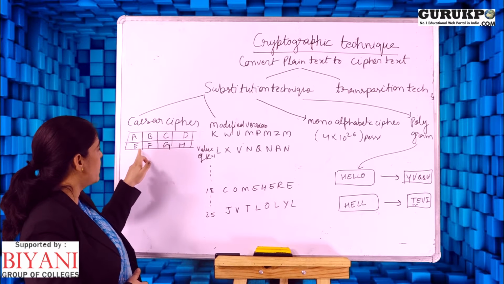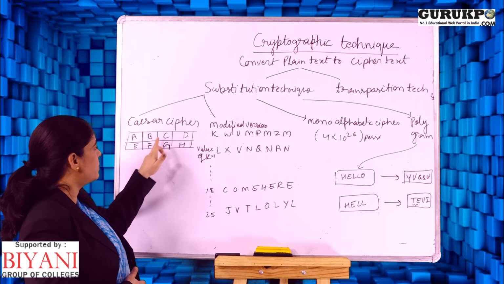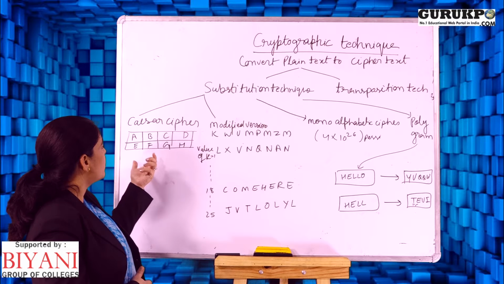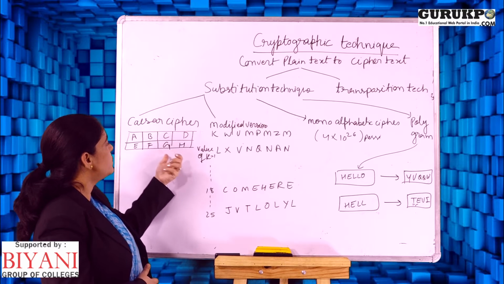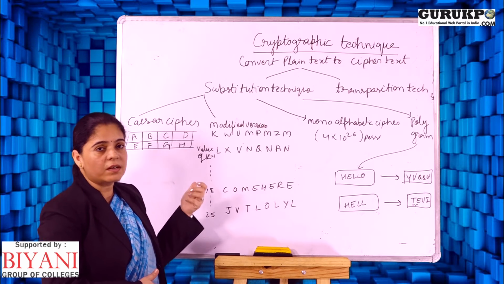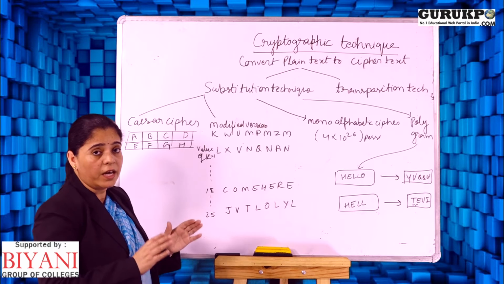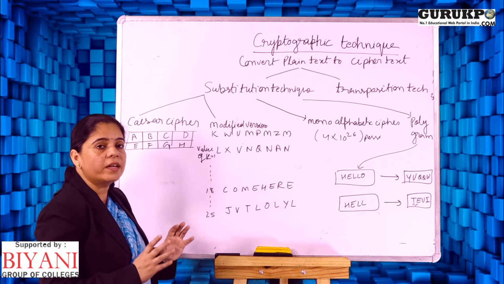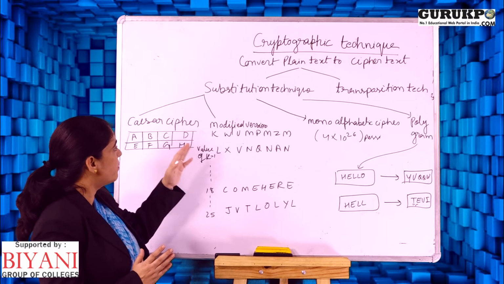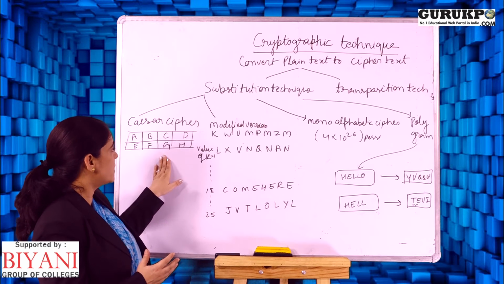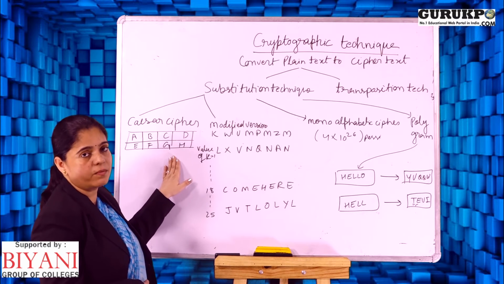Suppose A is replaced by E, B by F, C by G, and D by H. So the ciphertext for ABCD is EFGH. This is a very weak technique, because if anyone identifies the pattern, they can break the ciphertext to get the plain text.